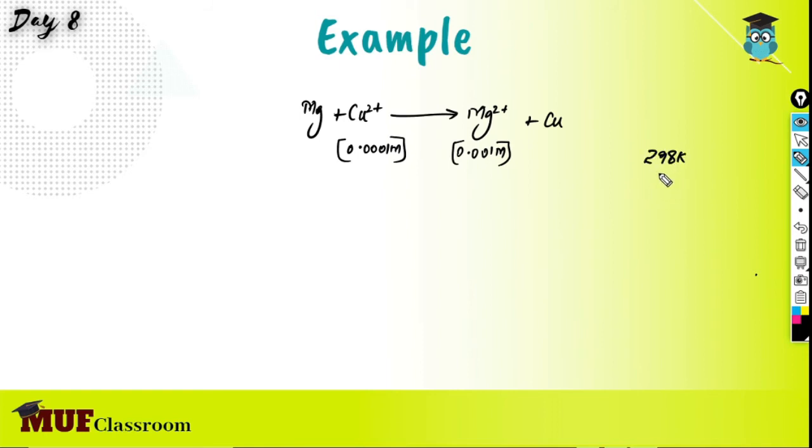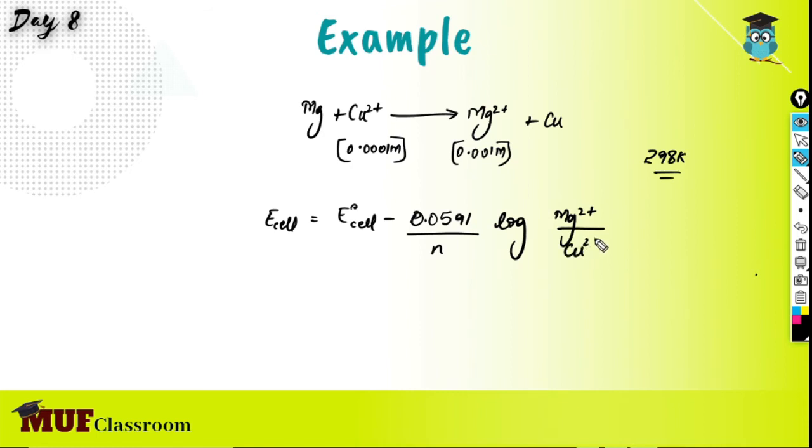and when the temperature is 298 Kelvin, we will go with the second equation, that is E cell is equal to E naught cell minus 0.0591 divided by N into log of Mg2 plus divided by Cu2 plus.